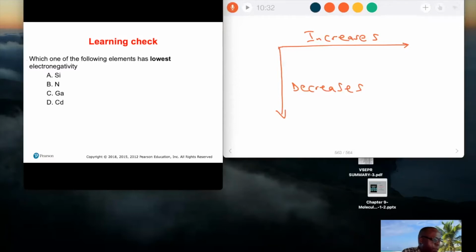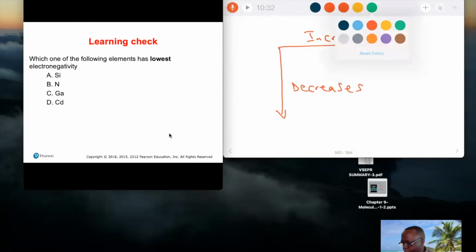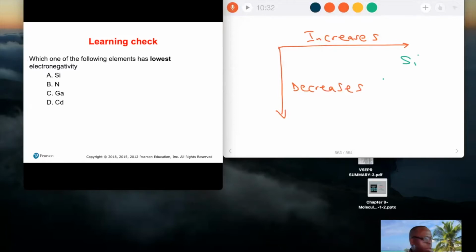Let's see, if I have my periodic table, and I can just fill in on this, assuming that this is the periodic table. If I put silicon here, with respect to nitrogen, nitrogen is above, somewhere there, above silicon, and then gallium is on this side of the periodic table, and cadmium, Cd, is on this side of the periodic table.